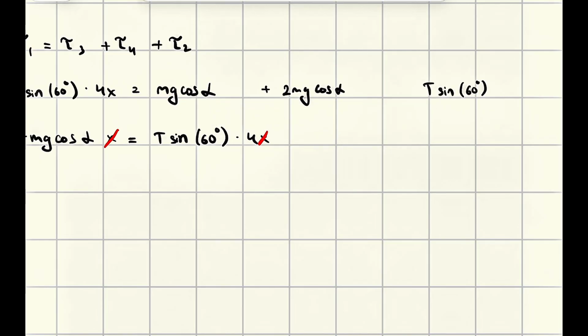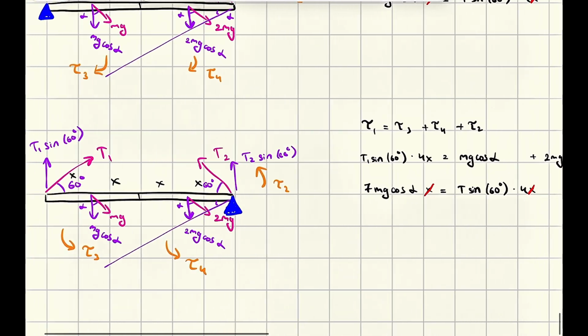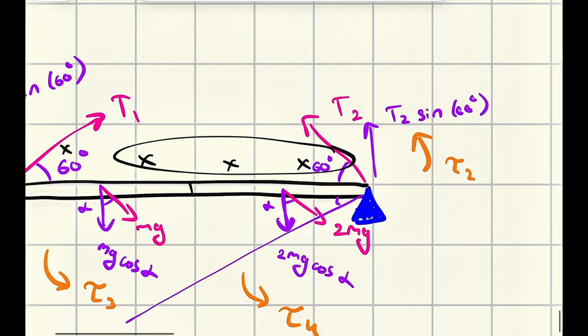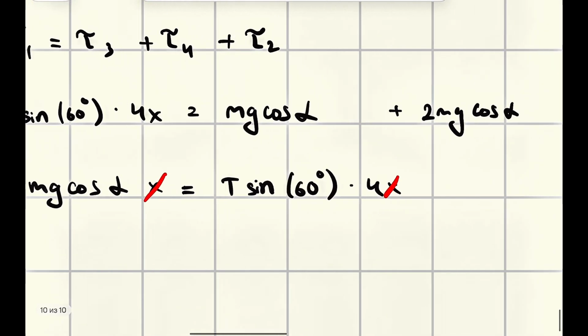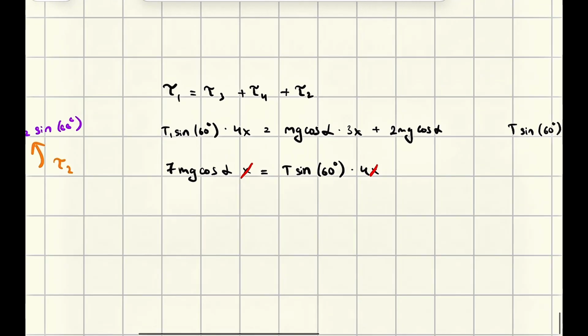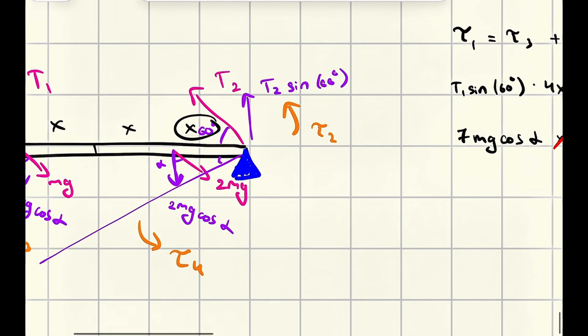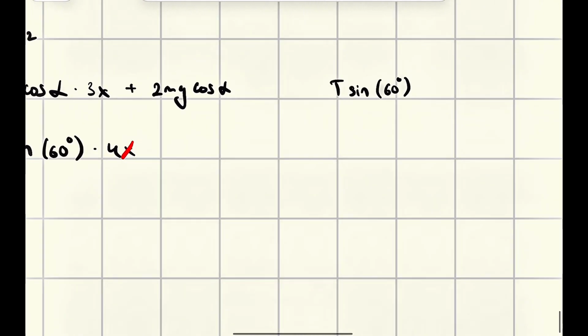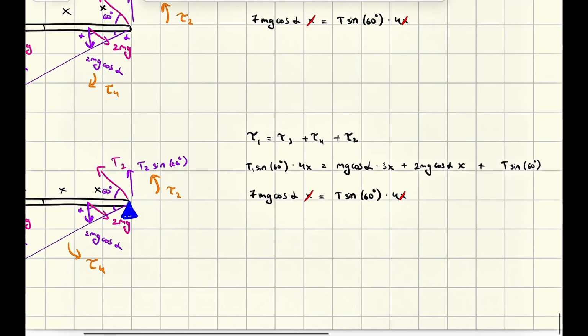For torque 3, it's going to be mg cosine alpha, but right now you can see it is 3x away from the other pivot. So it is just 3x. What about 2 mg cosine alpha? It's just 1x away. That's why it's going to be just x. And this is going to be plus T2 sine alpha.